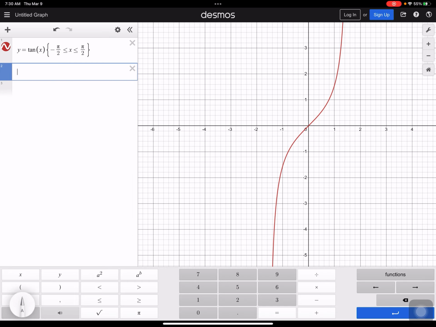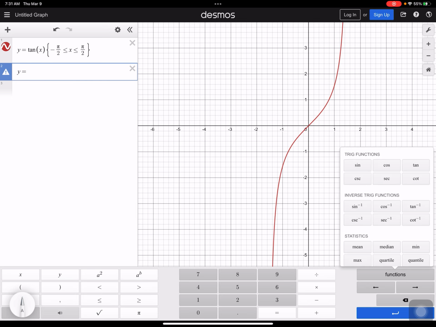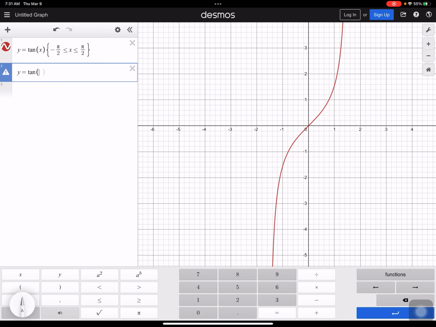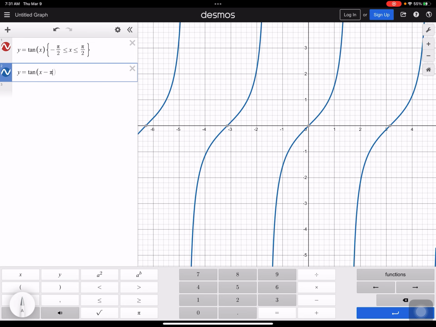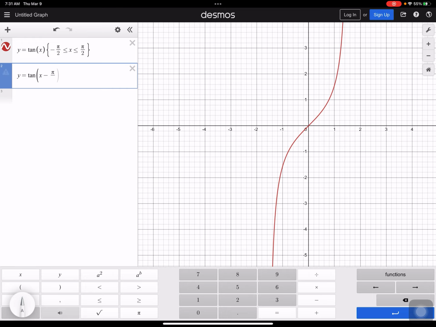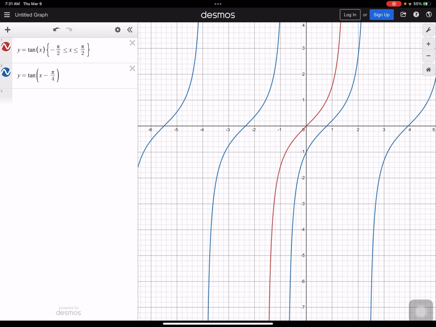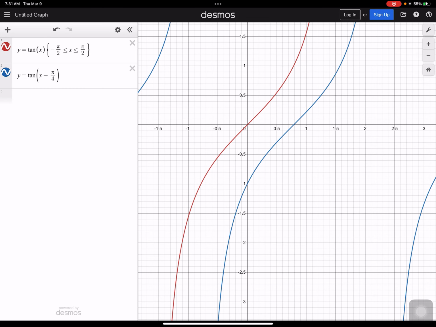So what happens if I shift that? Remember what we said? You have to have x minus what? This example is pi over 4. How did we shift this curve in red? It went to the right, pi over 4 units.